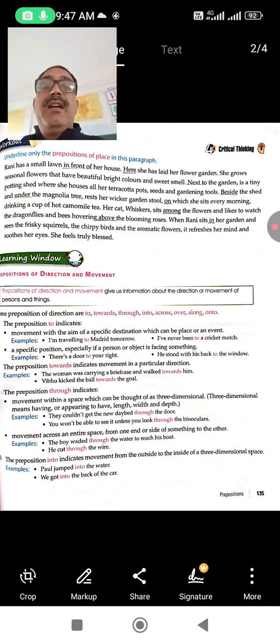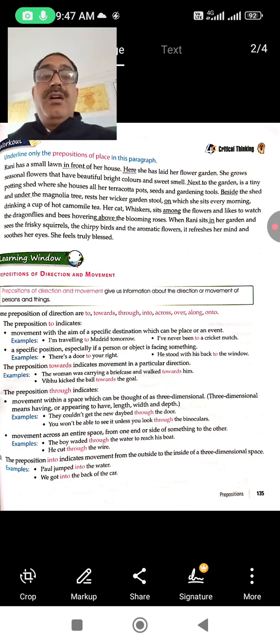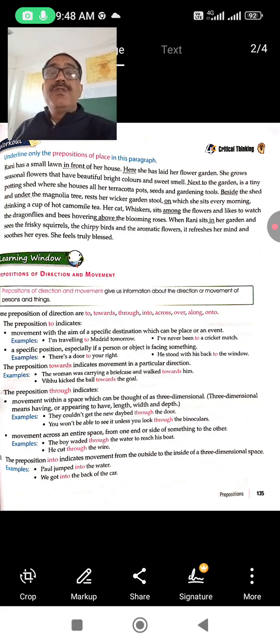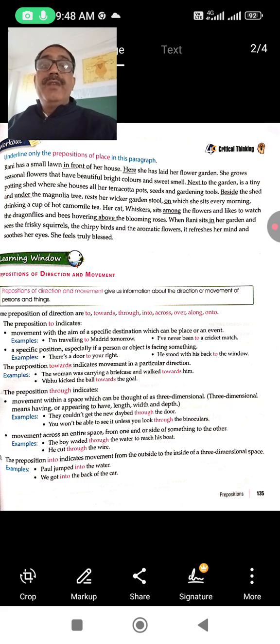You will underline among the flowers. She lies to watch the dragonflies and bees hovering above the blooming roses. You will underline above.